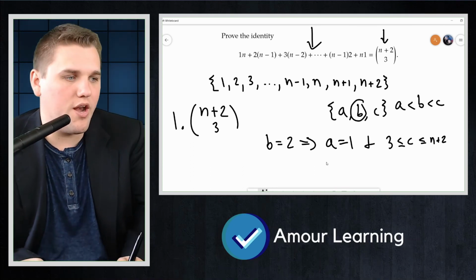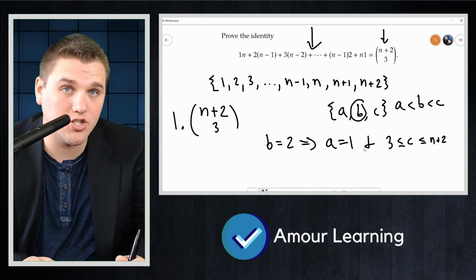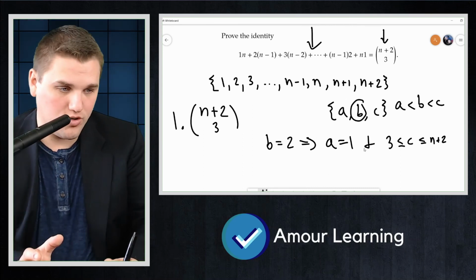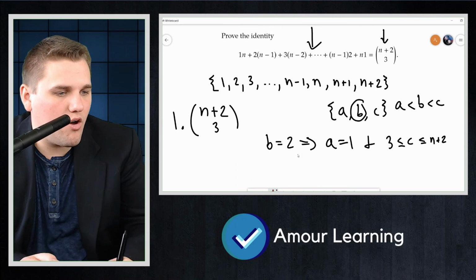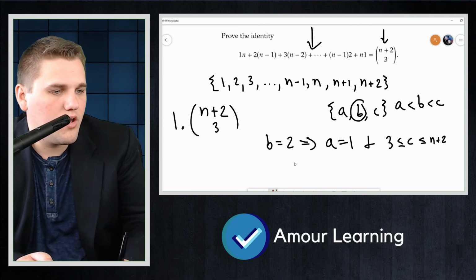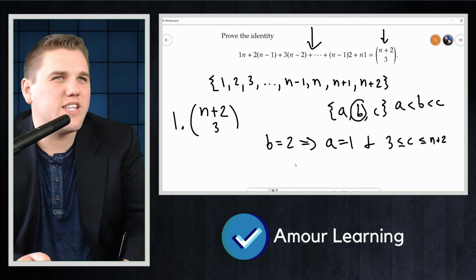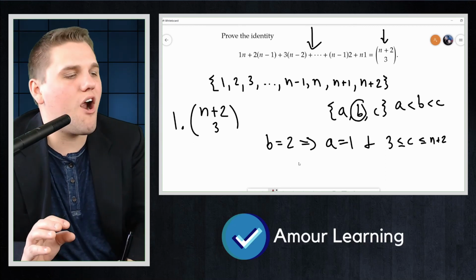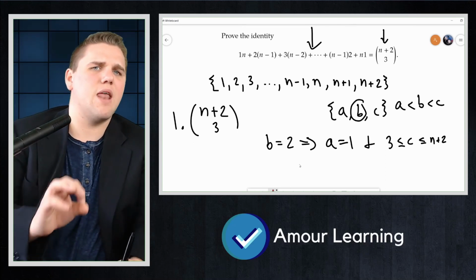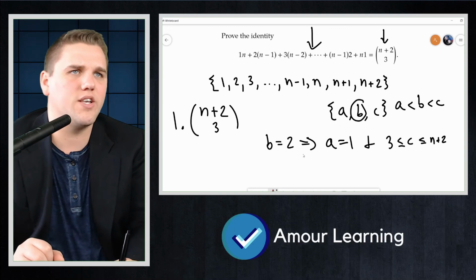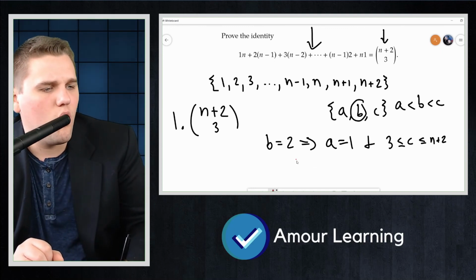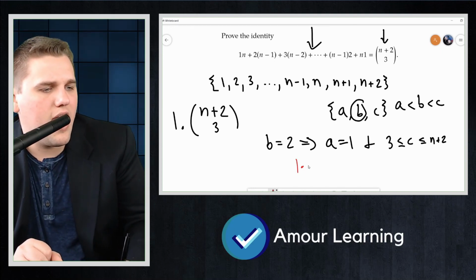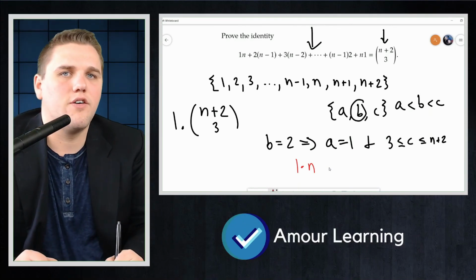There are n minus 1 numbers between 3 and n plus 2 inclusively. So in that scenario, we have a total of, what is that? Sorry, there are n choices. I got that wrong. It's not n minus 1 choices for C, it's n choices. So there is 1 choice for A and n choices for C.